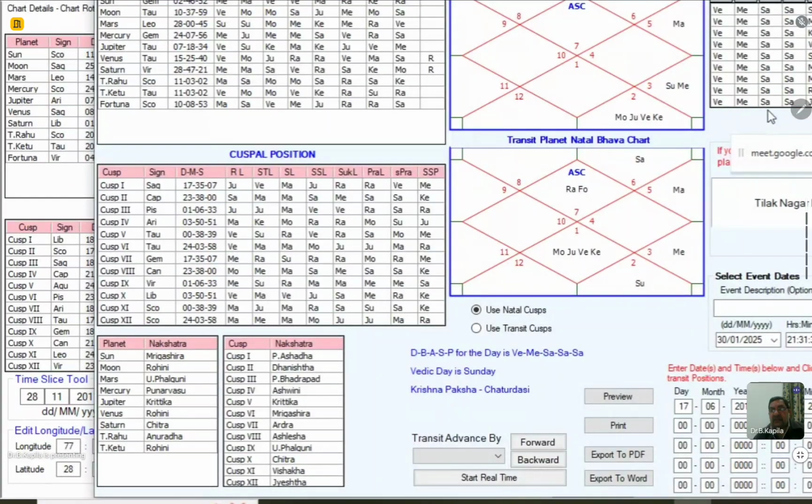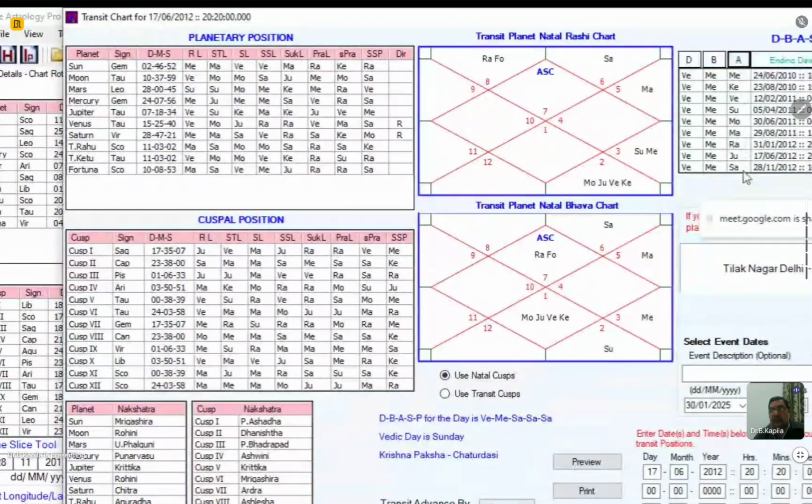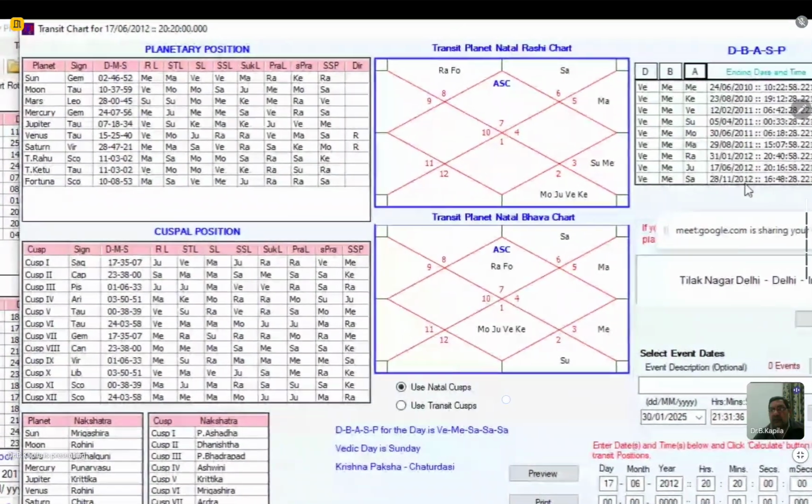Now that is the position which we get. Saturn antara, and the Saturn antara has to be up to which date? It has to be up to 28/11/2012.